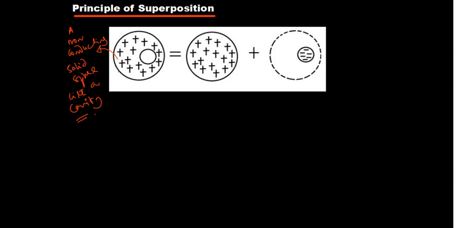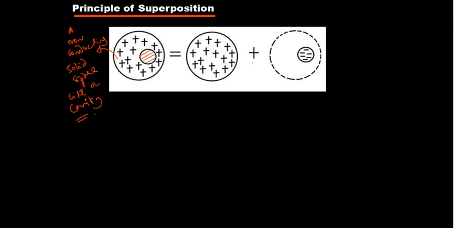So now this situation, I am imagining it as a complete solid sphere with positive charge plus a small solid sphere of this much dimension with negative charge. It's a simple superposition.